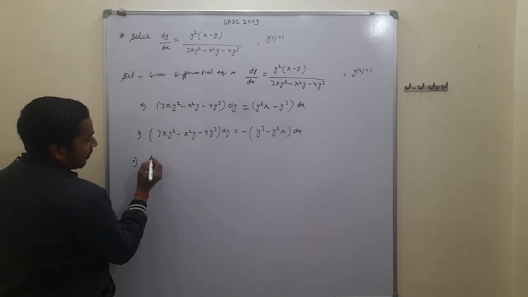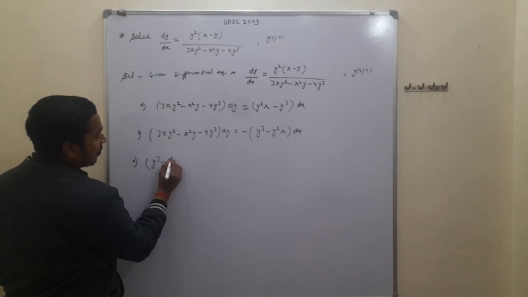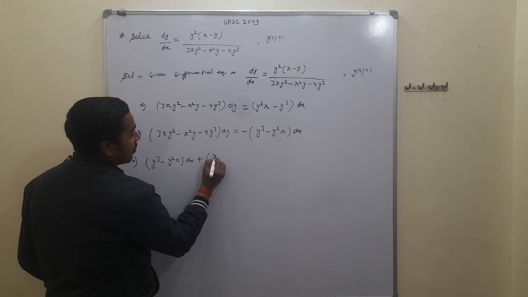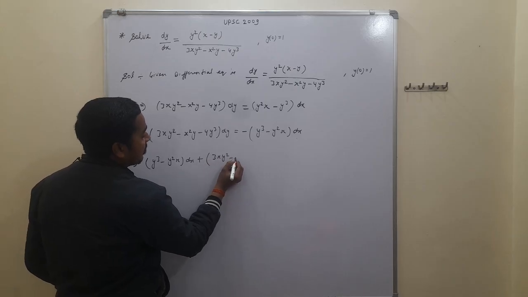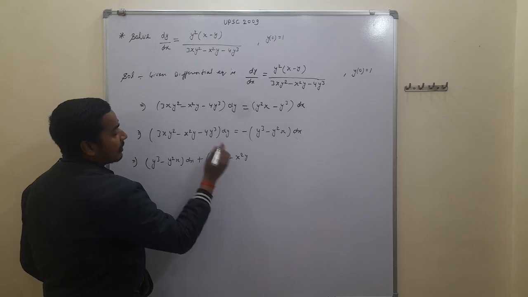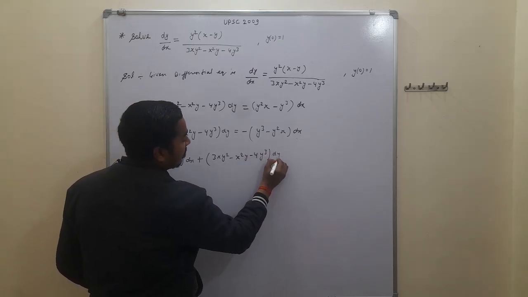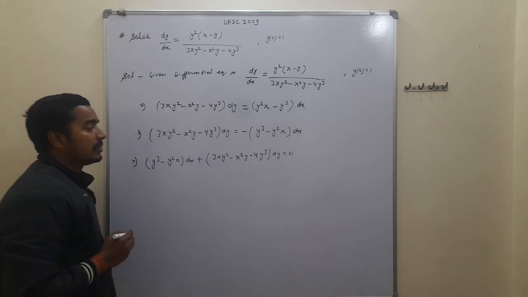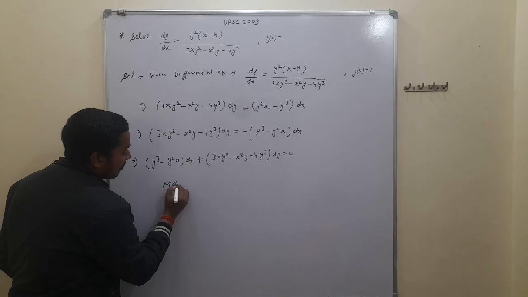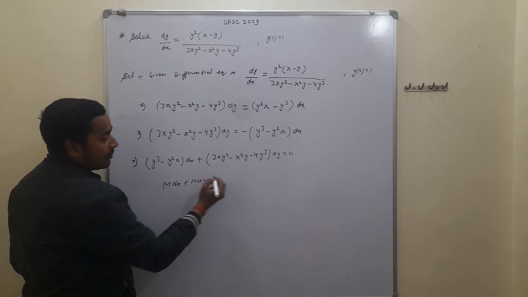This gives (y³ − y²x) dx + (3xy² − x²y − 4y³) dy = 0, and this is the form M dx + N dy = 0.